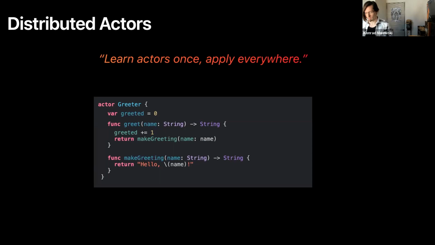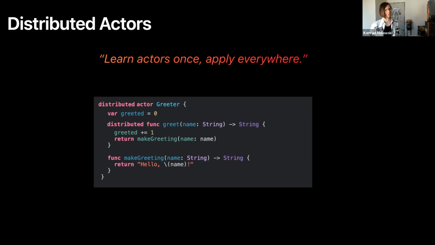The idea is that we want to have this nice learning curve where, okay, I know how to program with actors, I know about state isolation, I know that these greet invocations basically get turned into something that the actor later executes. And distribution is very similar to that, right? In order to make your code distributed-ready, you just need to make the actor distributed. So now it's a distributed actor, and distributed actors can declare distributed functions.